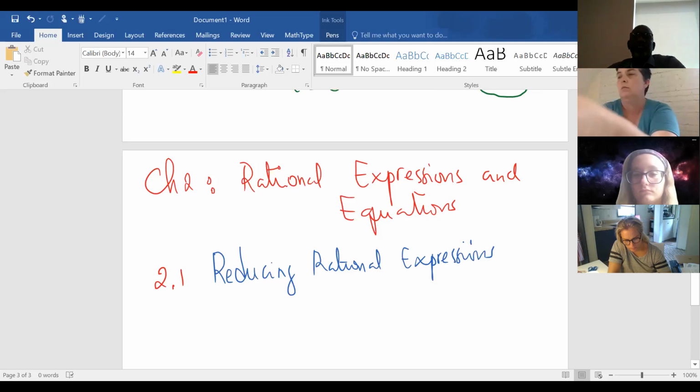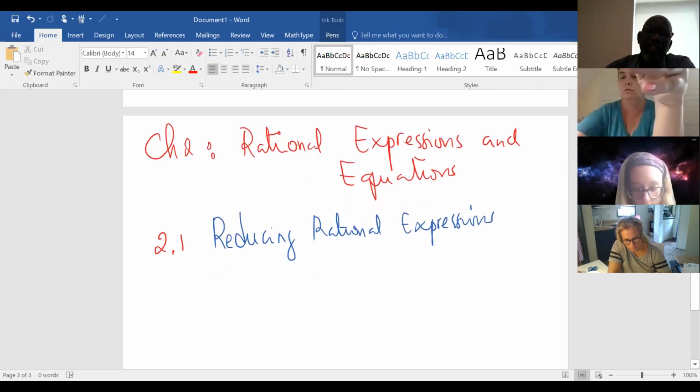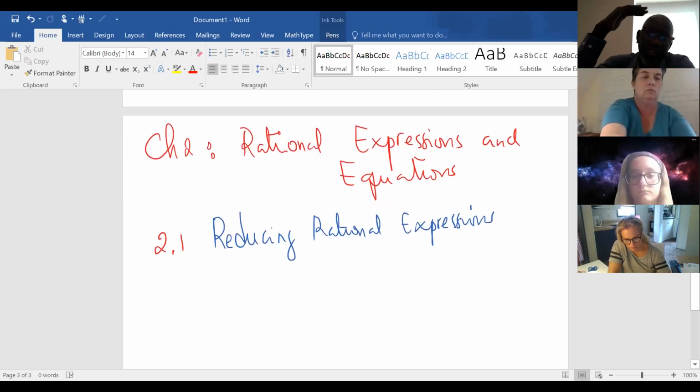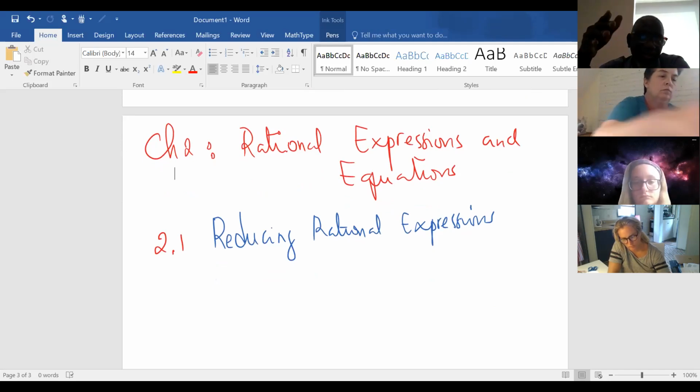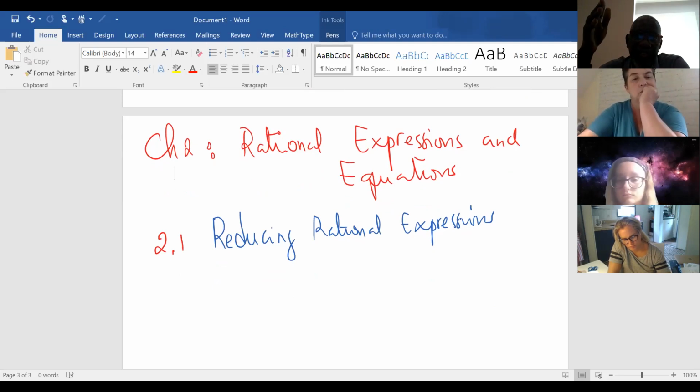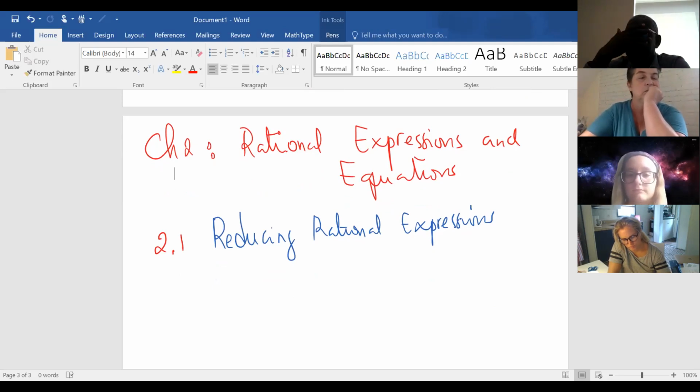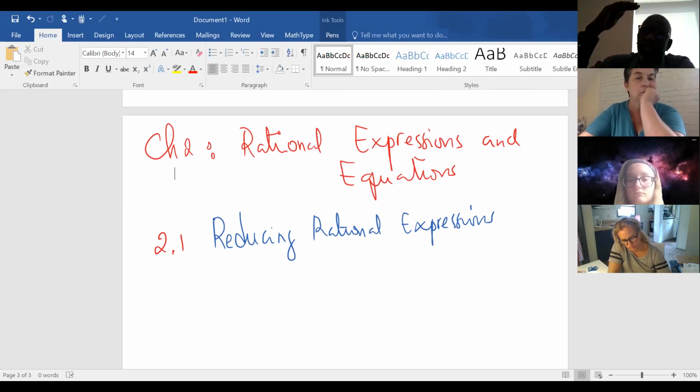Basically, we're going to go a little bit further than what we did so far, because now we're going to work with fractions. A rational expression is an expression that has a numerator and a denominator. We have a polynomial at the top and a polynomial at the bottom.